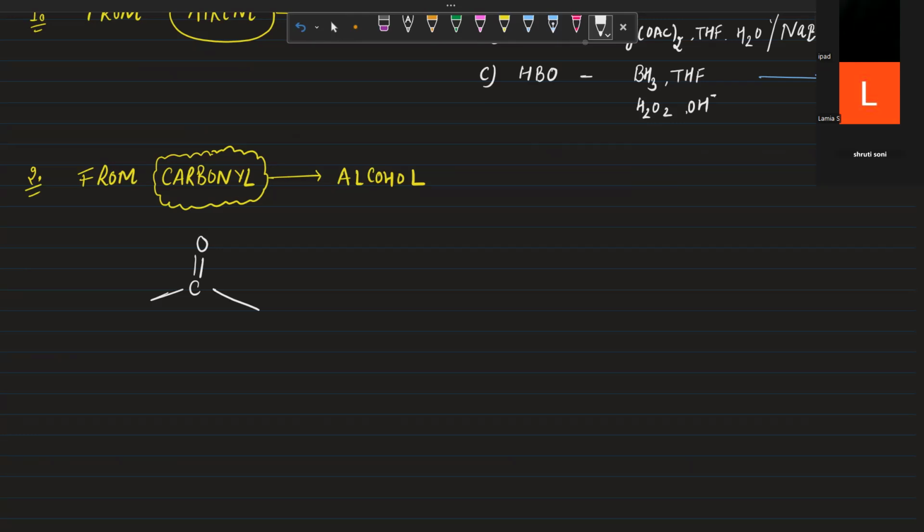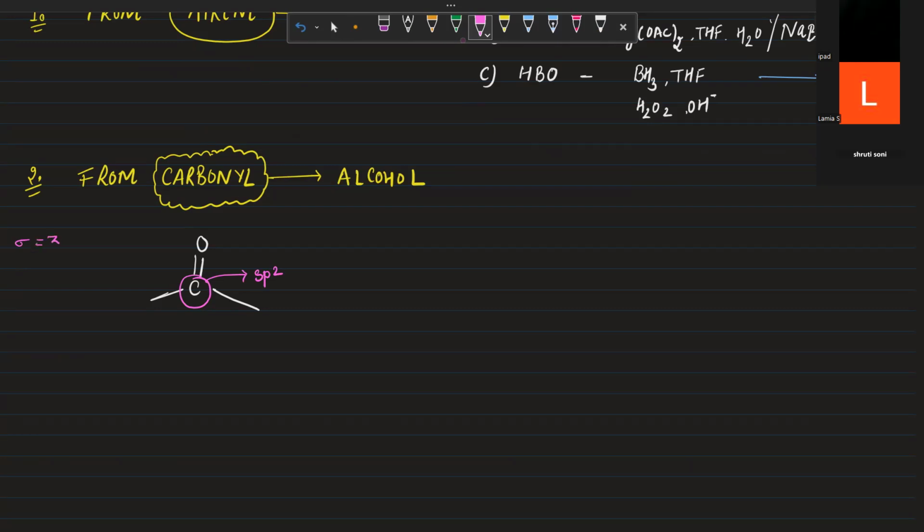In this case, first tell me the hybridization of this carbon. sp2, right? Great. And how many sigma bonds are here? Three.